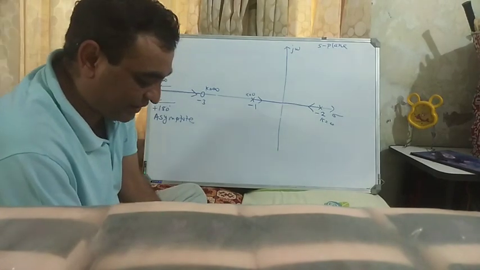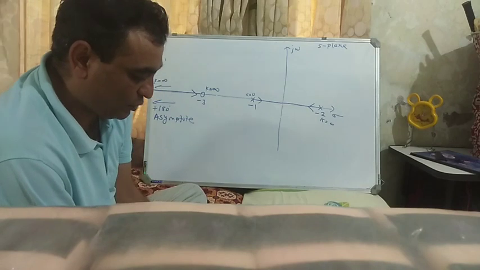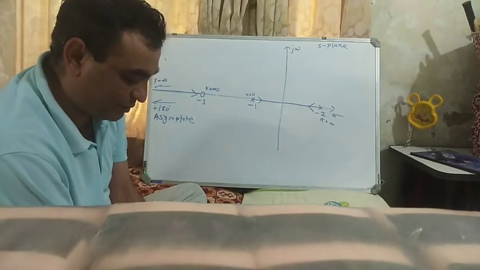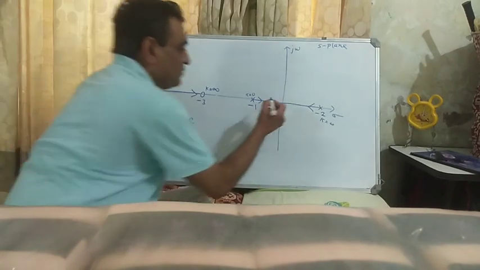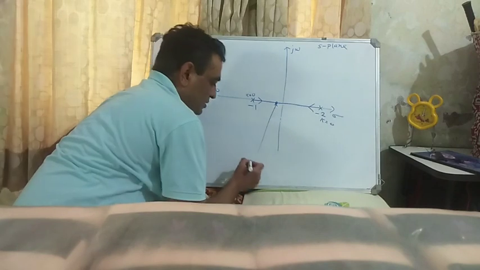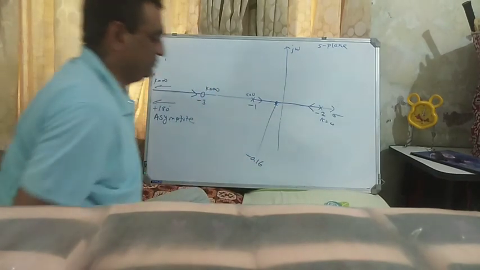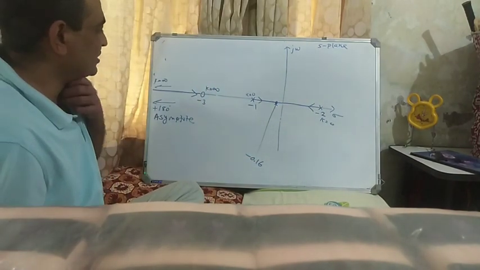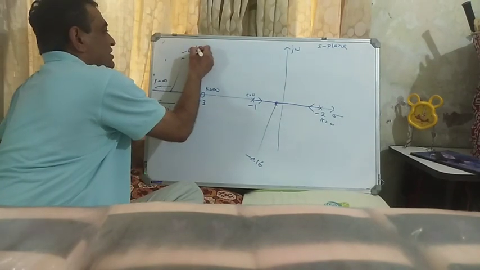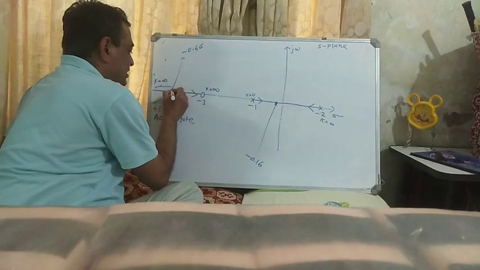Now we have identified the breakaway points. You can see that the breakaway points were -0.16, and there were two breakaway points. So this is -0.16, and there is another breakaway point here, so you can say this is -0.66, another breakaway point here.